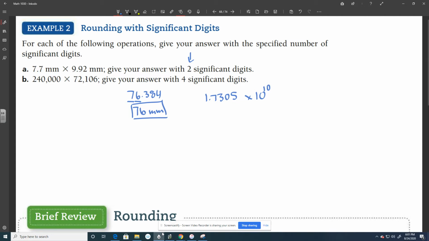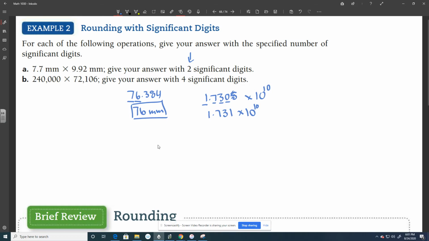So 4 significant digits would be 1, 2, 3, this value right here. So that would be 1.73. And because I'm rounding to this 4th significant digit, that would be a 1. And I would just drop the 5. And then I'm still going to put the times 10 to the 10th power.